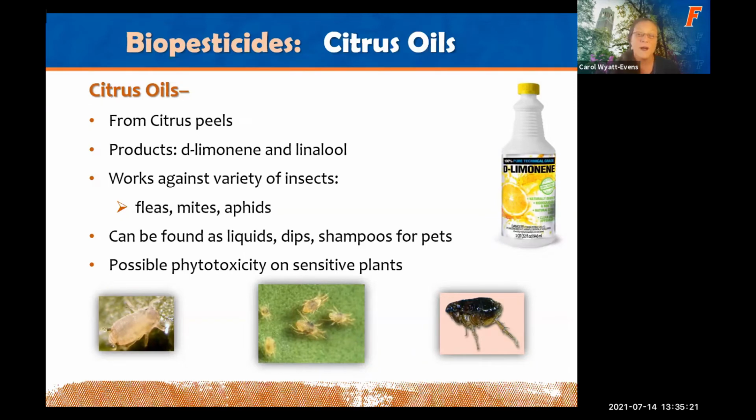Common products that are quite effective are D-limonene and linalool, but they're mainly, again, for indoor use and on your animals. They're used against fleas and mites, which are their biggest targets. They come as aerosols, shampoos, liquids, or even those dips that we used to do for our pets. But be cautious when you use them on plants.